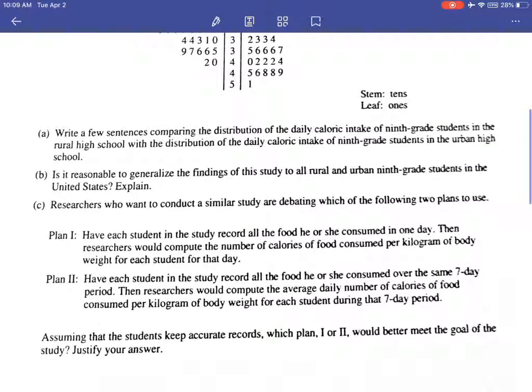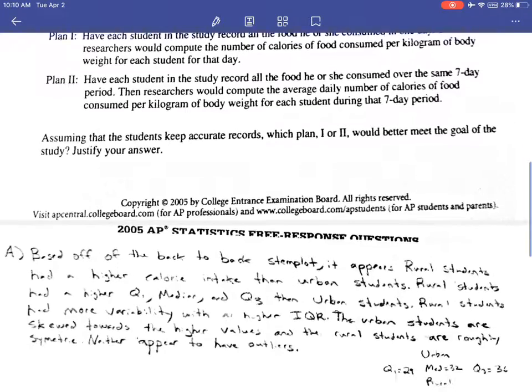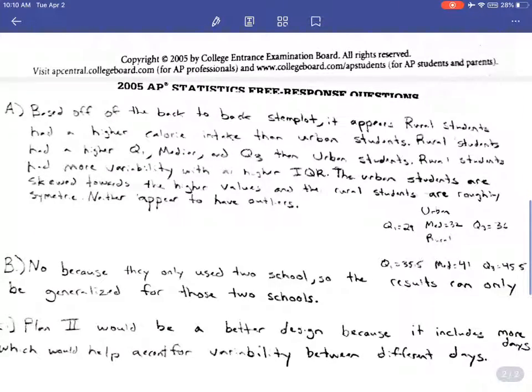The mean and standard deviation, which you could have also used, come out to some long decimals. You didn't have to write the actual values down on your paper to get full credit, but I wrote them down at the bottom before I wrote my response, just so I could reference them as I'm writing.